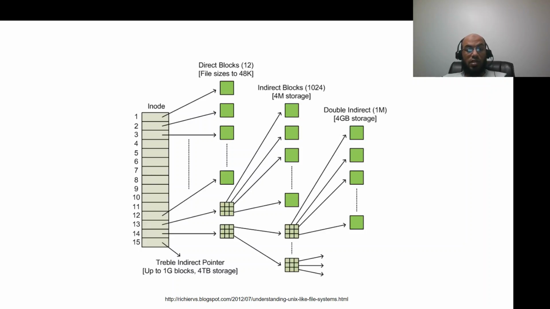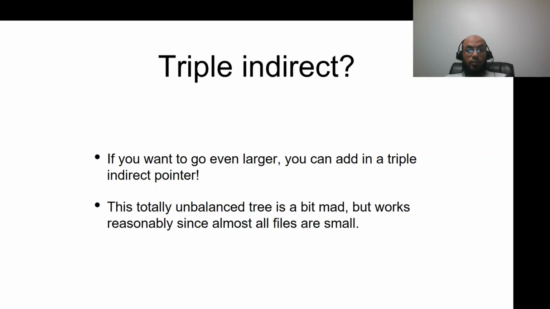So this is basically how you store very large files. You can even go larger. You can add in quadruple indirect pointers, but then you end up with this really funny tree with a huge imbalance, with small files having basically a root-leaf relationship, and large files having 4 levels in the tree, each of them having 1024 fan out.